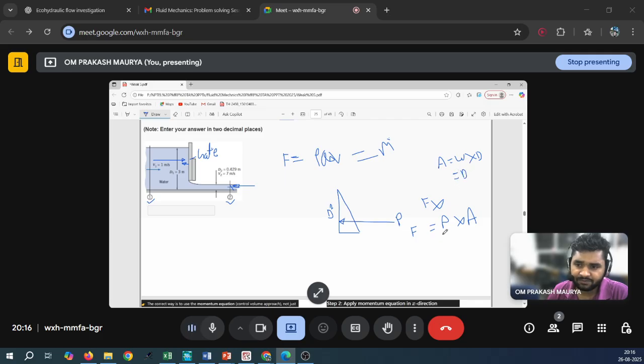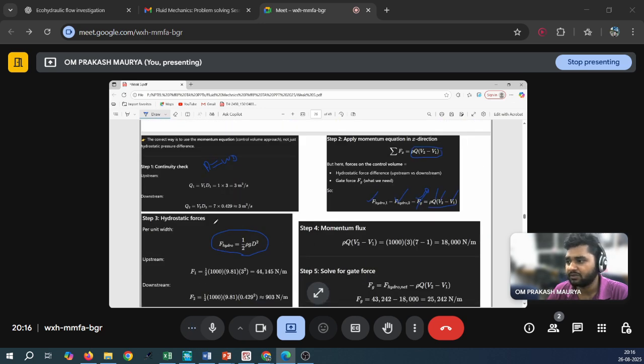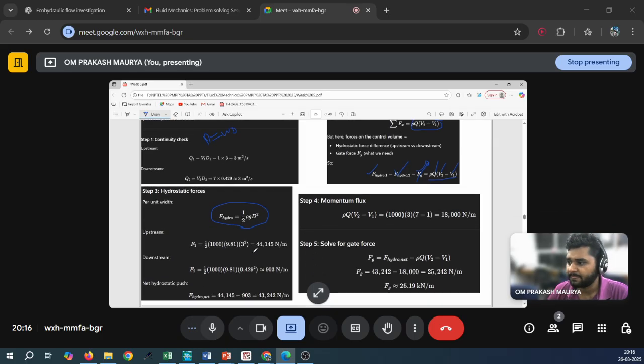And what is pressure? Half the area of this, half rho G D, and for area also equal to D, so you will get D square: half rho G D square. So as you can see here, half rho G D square is given here. So put the value and get the equation.